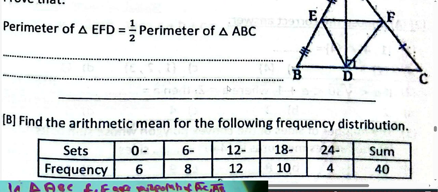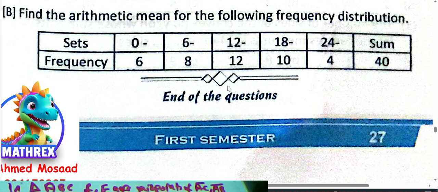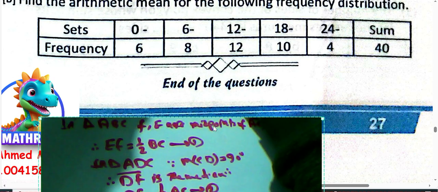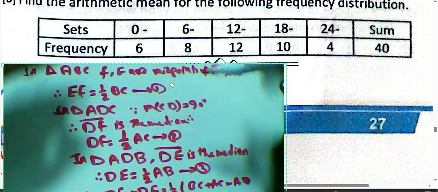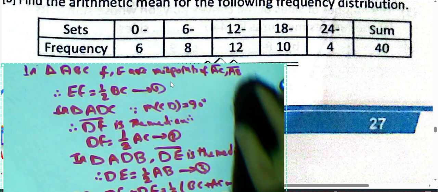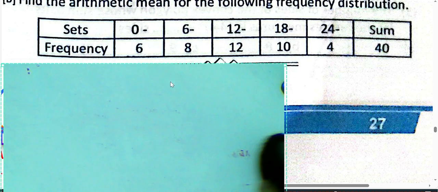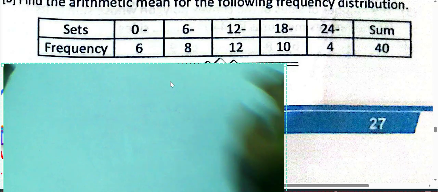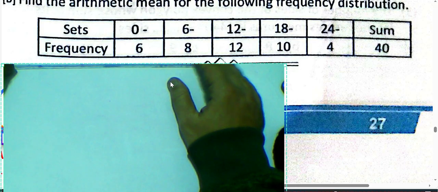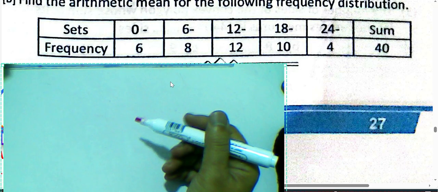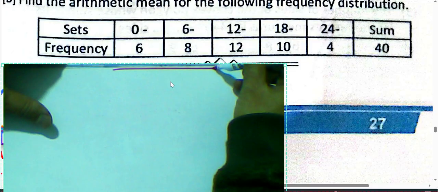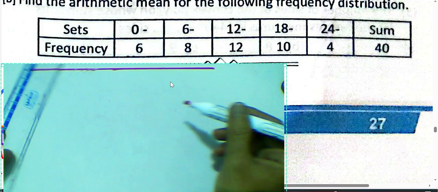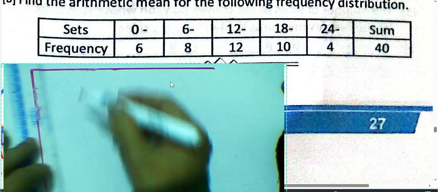Okay, next question. Find the arithmetic mean. It's a famous question. Do you remember the steps? Okay. First step, you can draw the table and divide it into 4 parts like this.